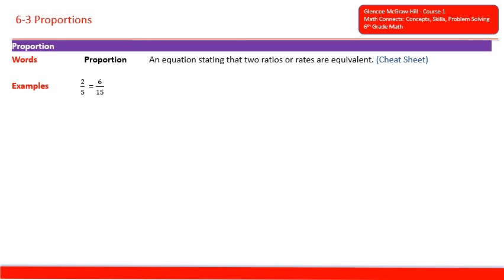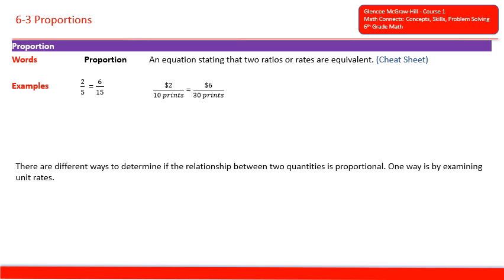Examples, 2/5 equals 6/15. You can multiply the numerator and the denominator by 3 and you get 6/15. So in the previous example, 10 prints for $2 or 30 prints for $6, those are proportional.